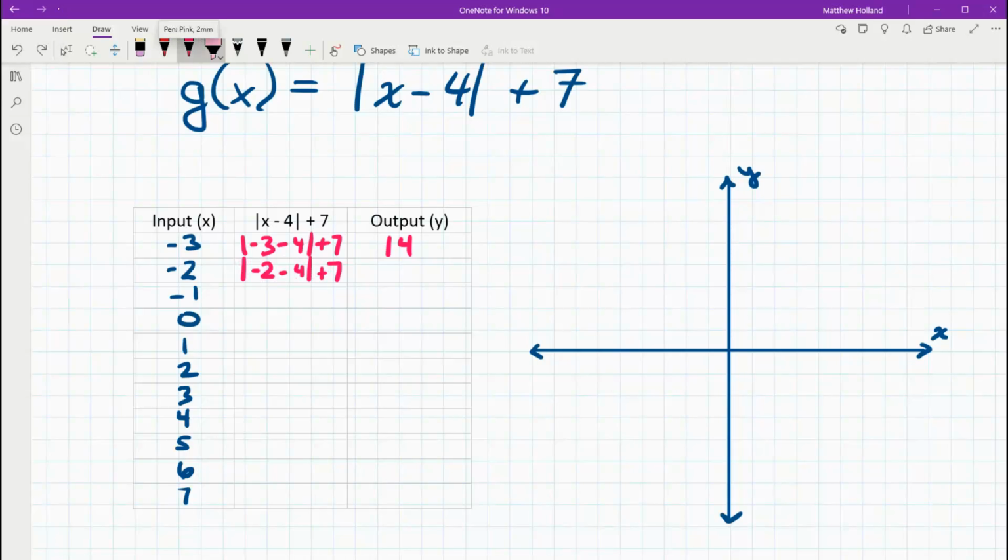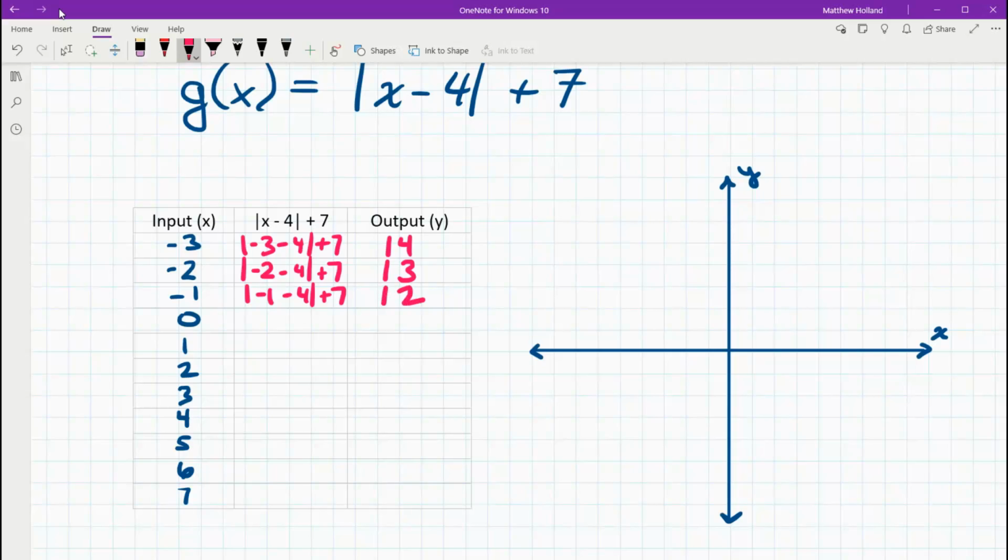And 6 plus 7 is 13. And okay, now we're going to plug in negative 1. Negative 1 minus 4 is negative 5. We take the absolute value of it because it's inside the absolute value bars. The absolute value of negative 5 is 5, and 5 plus 7 is 12.